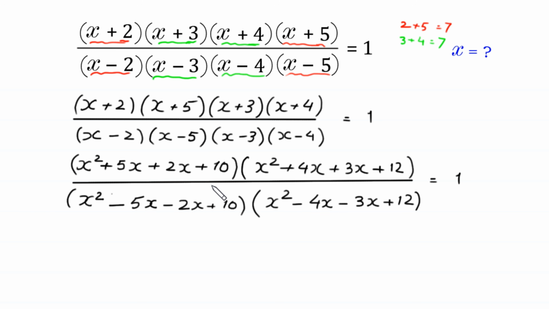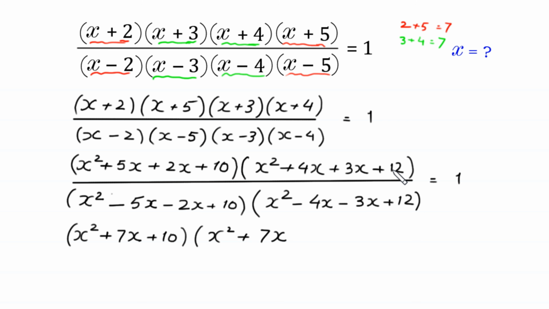Now we further simplify these expressions. This x squared remains same, x squared, and plus 5x plus 2x, plus 7x, plus 10, times, this x squared remains same, x squared, and this plus 4x plus 3x, plus 7x.